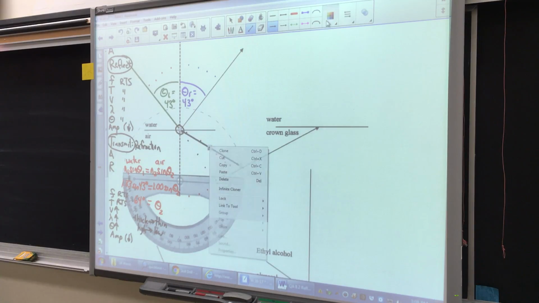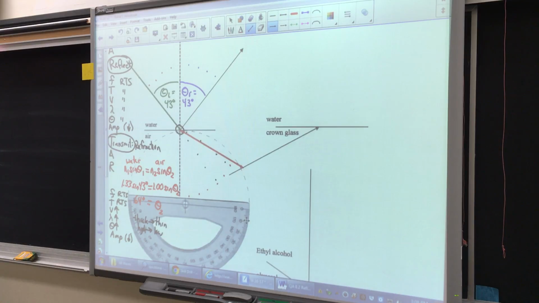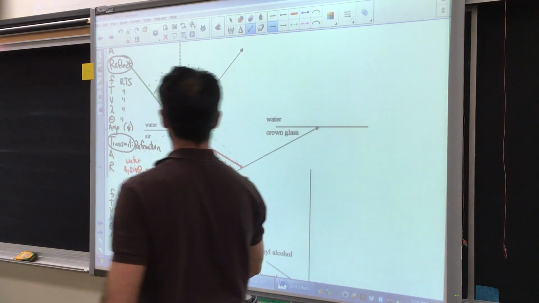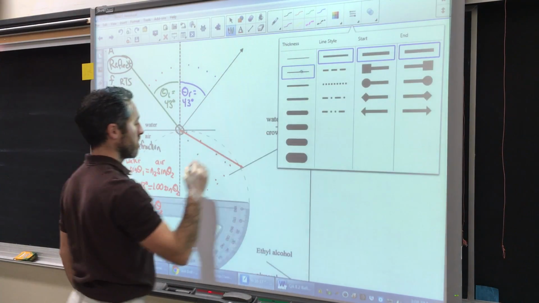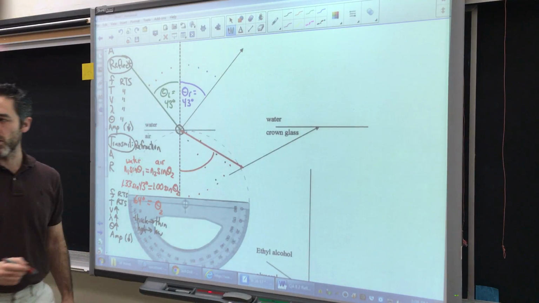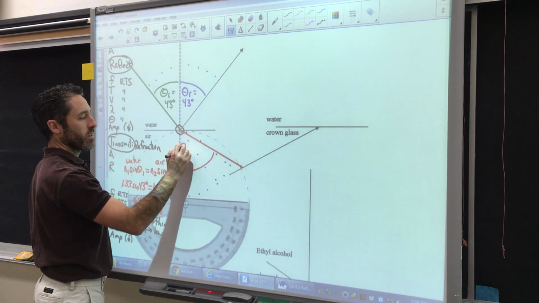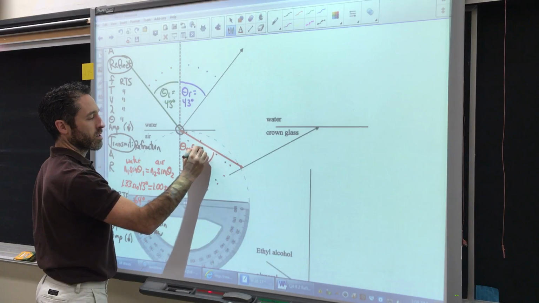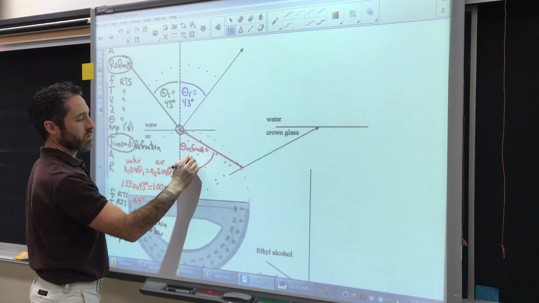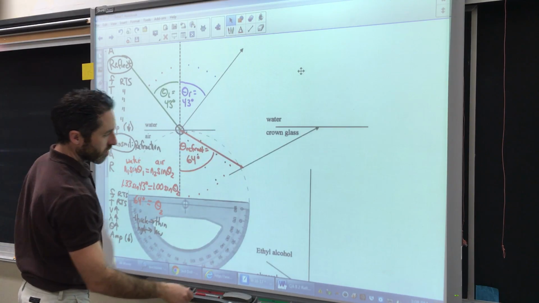And refraction will make that from red. And there you go. And so here, the angle of refraction, which does not have a symbol in the reference table, theta refract, is 64 degrees. Okay, good.